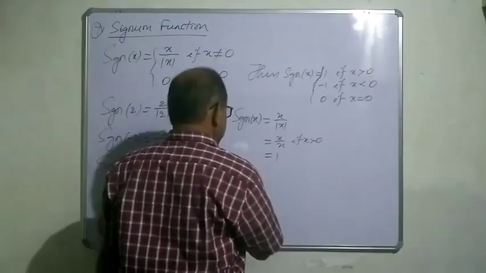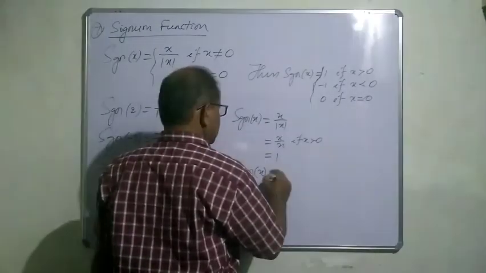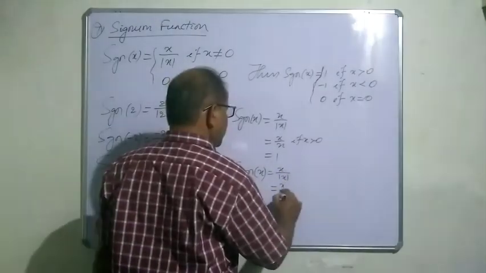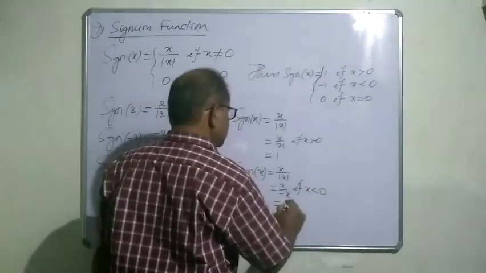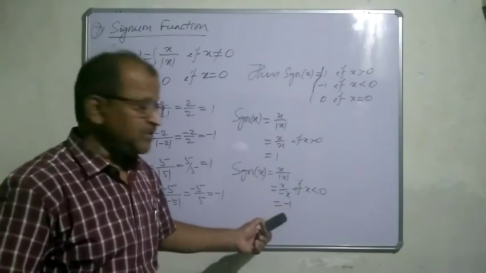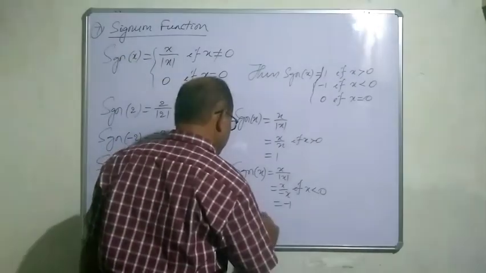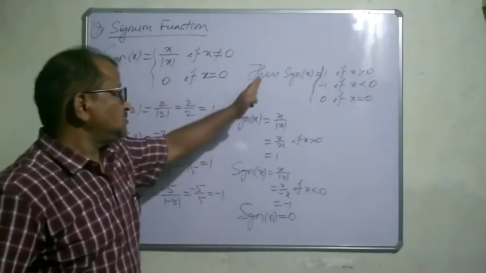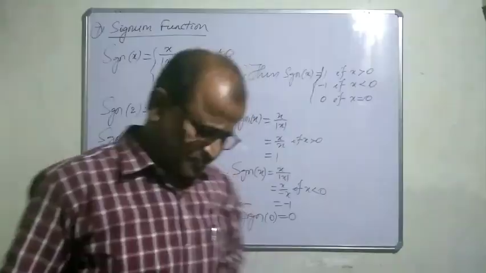And signum value of x is x by minus x if x is a negative quantity, so it is minus 1. And we know signum value of 0 is equal to 0. So thus we have three values, 1, minus 1 and 0.